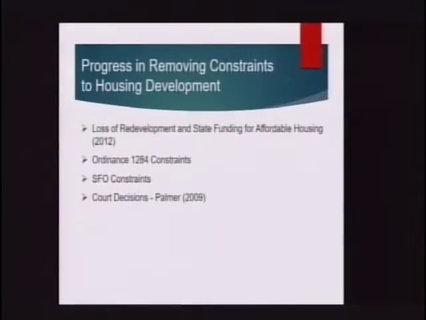So what have we been dealing with over time in terms of constraints locally, in terms of producing housing overall, and affordable housing? As we know, in 2012, we lost redevelopment. We've had Ordinance 1284, a local ordinance in place since 1977, that has constrained the number of residential units in terms of density to 1974 levels, has restricted above-ground parking garages, and has restricted building height to 3 stories or 50 feet.